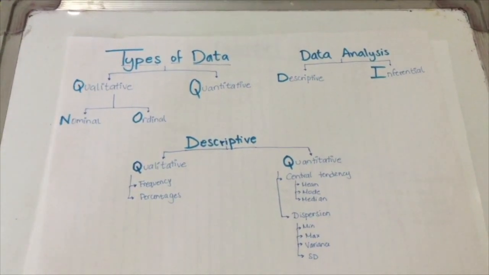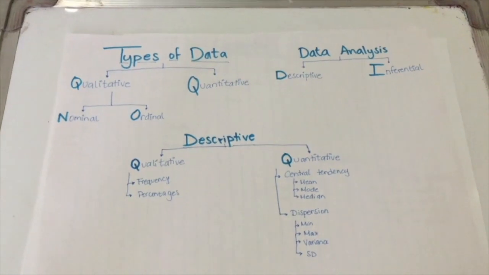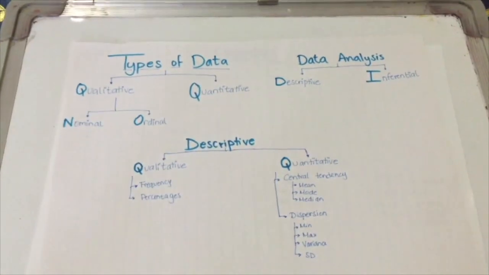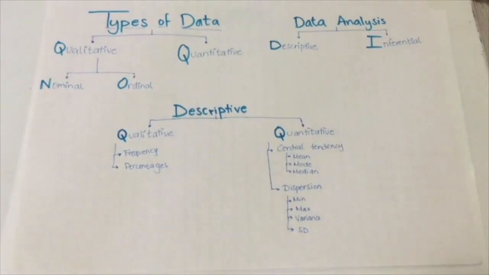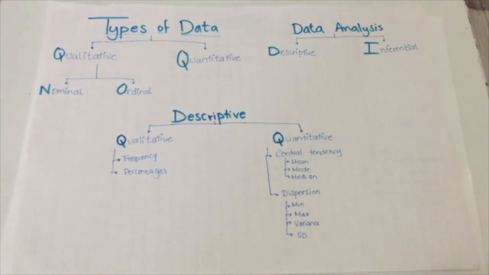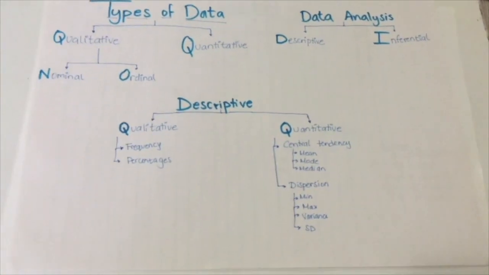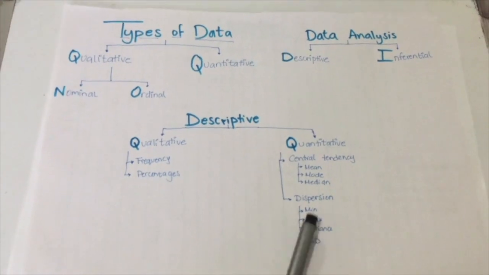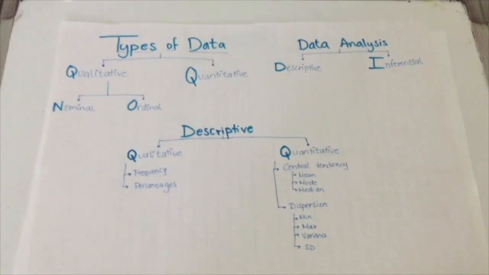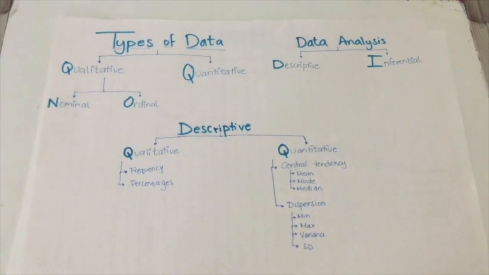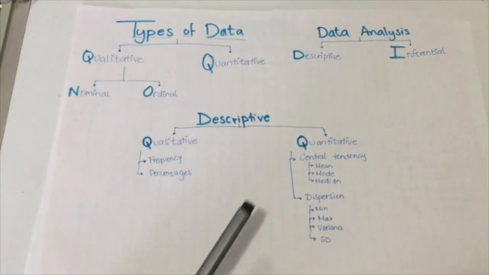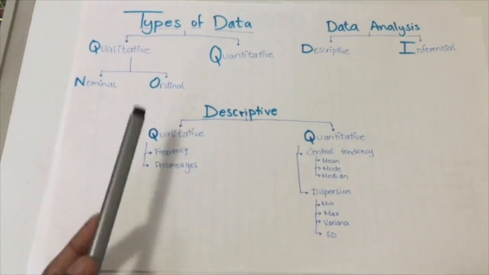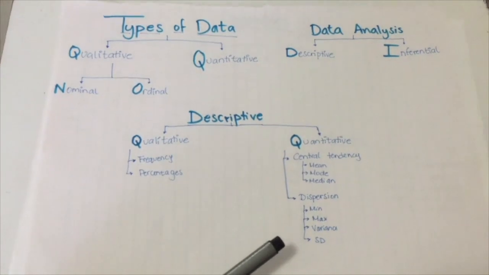So what is the mean, the average of this, or what is the mode, which is the one that's more common, or where is the median, which is actually the middle. When we're talking about dispersion, it's how varied the data is, so how dispersed, how different it is. So we're looking at the minimum, the maximum, and the variance and standard deviation.